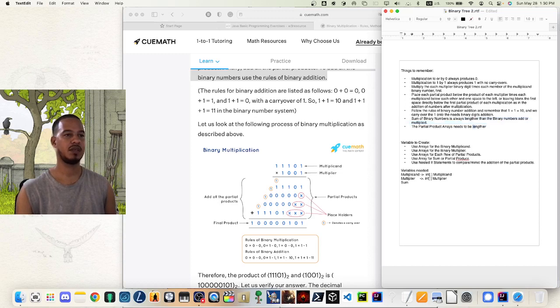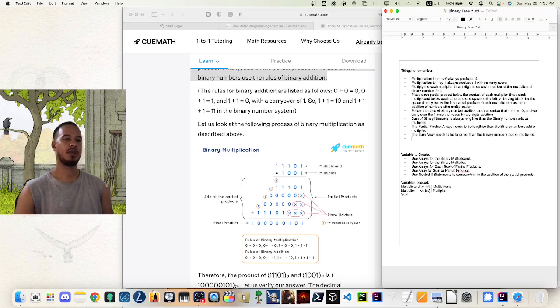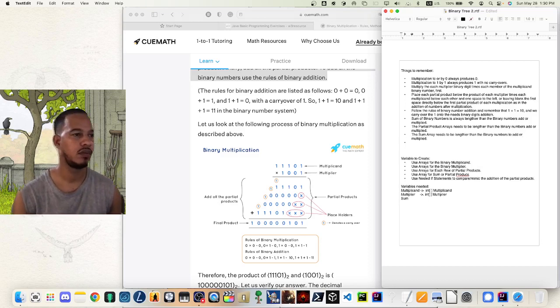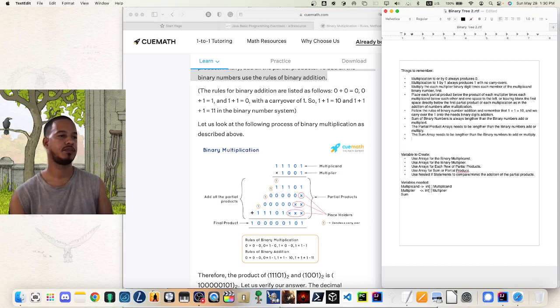Let's just copy that here. The sum array needs to be lengthier than the numbers to add or multiply. That's another thing to remember.